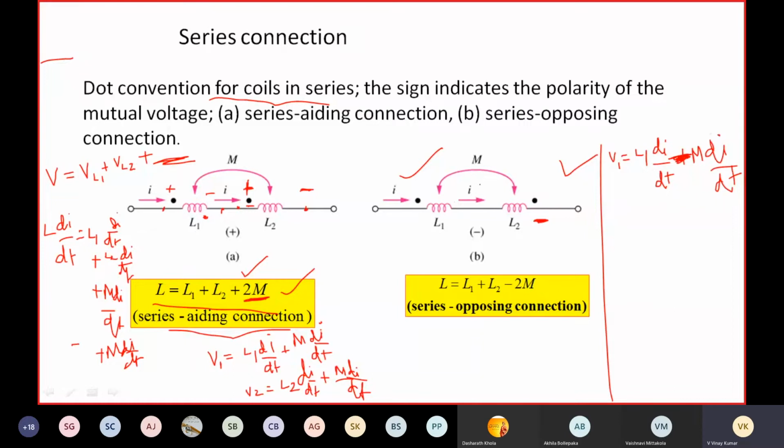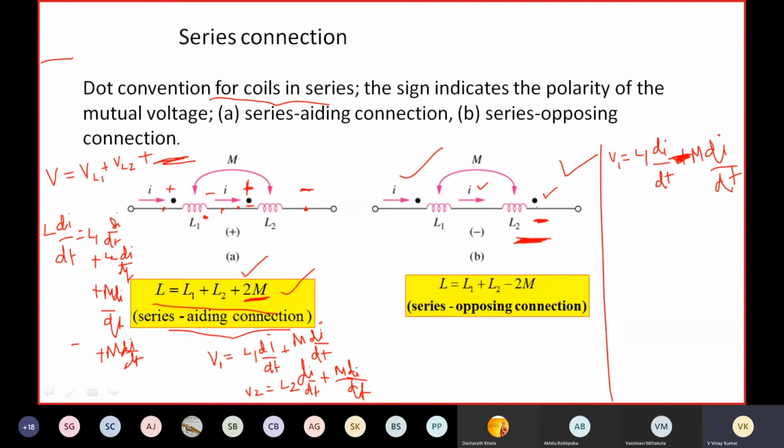Here see, with respect to this coil 2, current is leaving the coil 2. Sorry, this current is leaving the dotted terminal of coil 2.